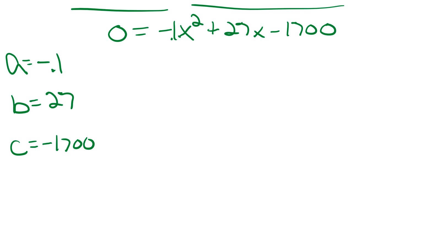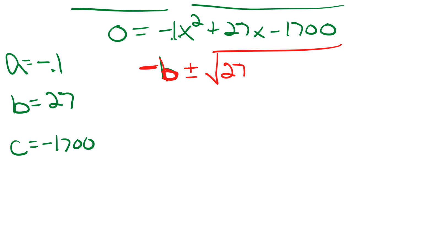So I've got negative b plus or minus the square root of b squared, so that's 27 squared, minus 4 times a, which is -0.1, times c, which is -1,700.